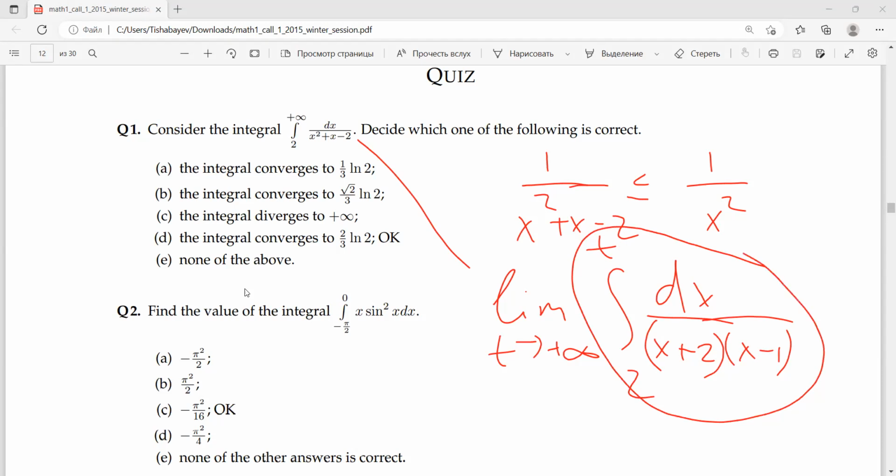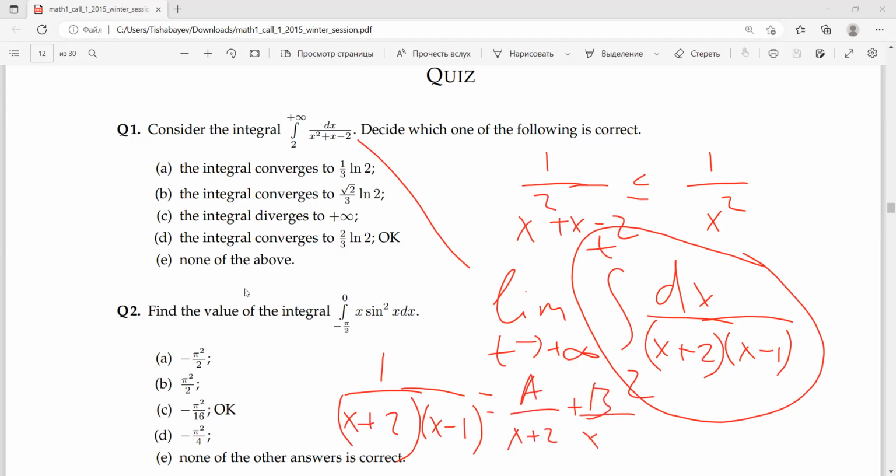Is it clear? And how to solve, you know, using decomposition of the fractions. So it will be 1 over (x plus 2)(x minus 1), which equals a over x plus 2 plus b over x minus 1. And find the unknown coefficients a and b.